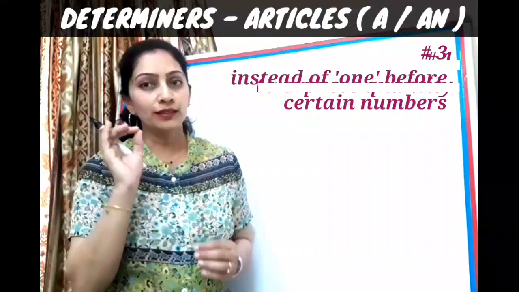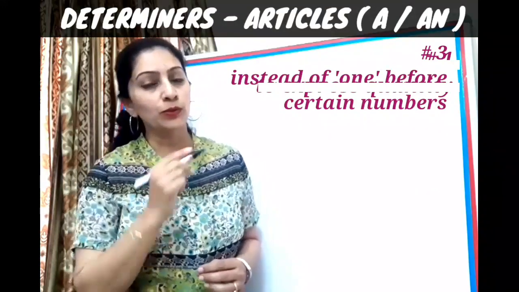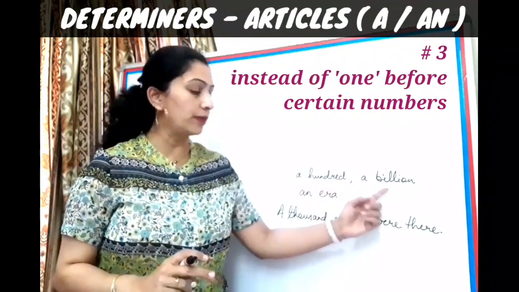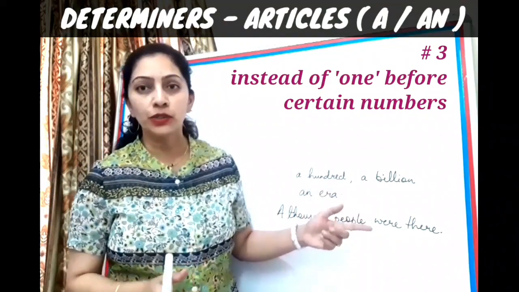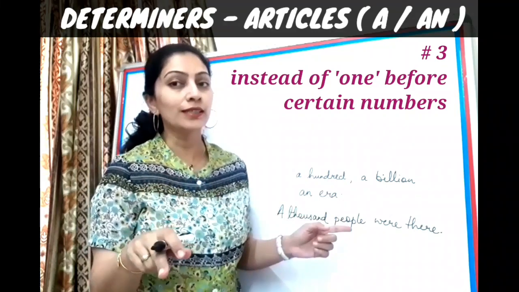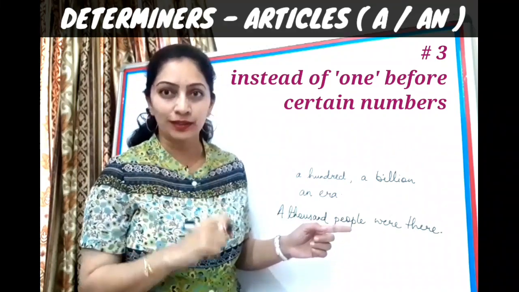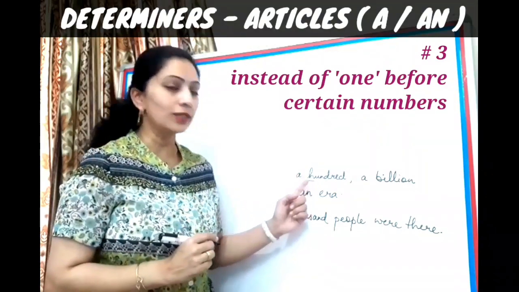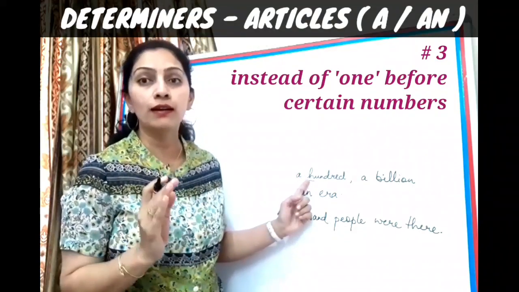Instead of using the number 1, we can also use these articles. Now here, instead of using 1 hundred, 1 billion, 1 era, I can use these indefinite articles here. Again, that depends on the starting sound of the next word. Like here, hundred. The starting sound of this word is a consonant, h.